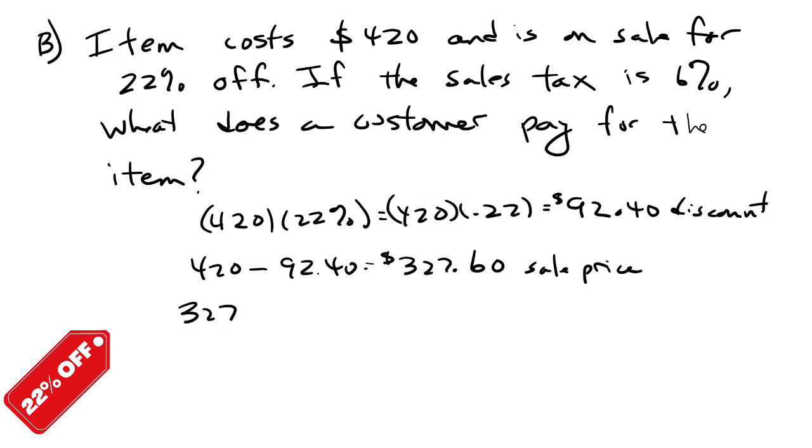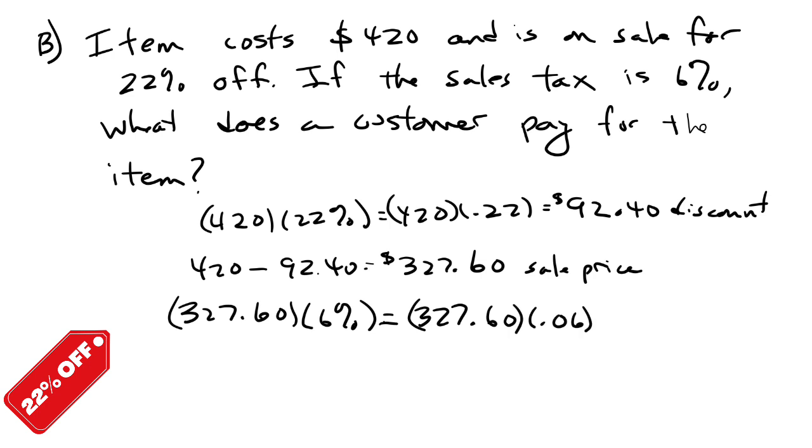So $327.60 times the sales tax rate is 6%. $327.60 times 0.06 comes out to, rounded off, $19.66. This is the sales tax.